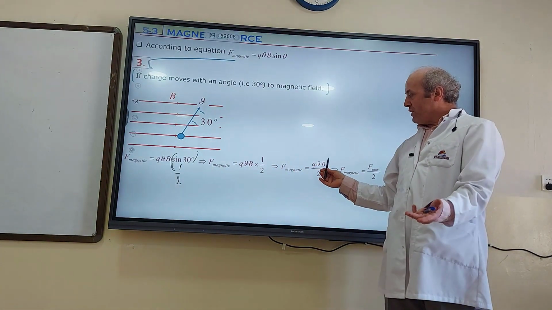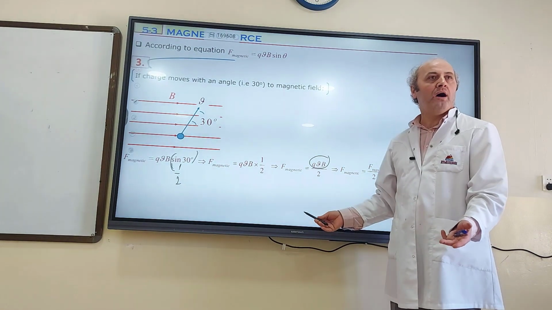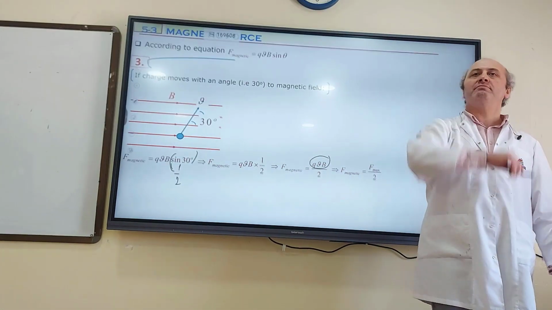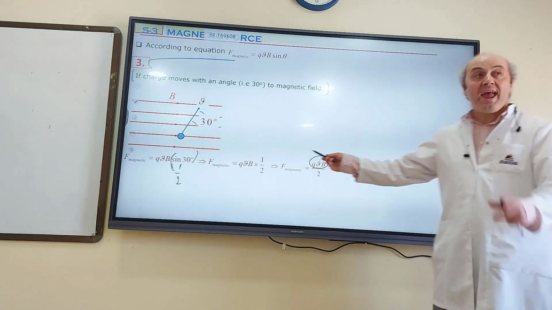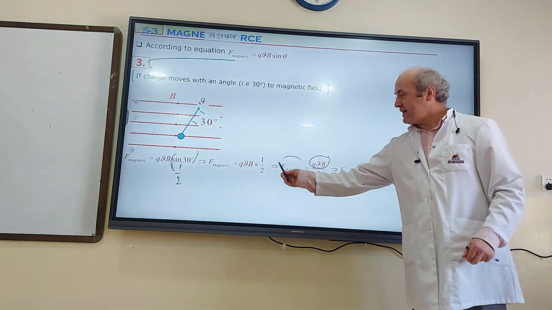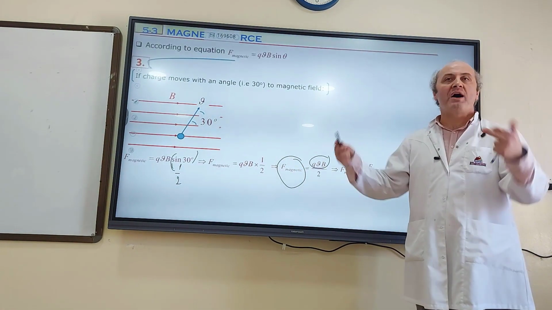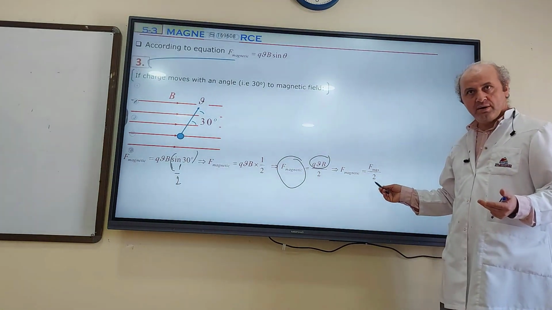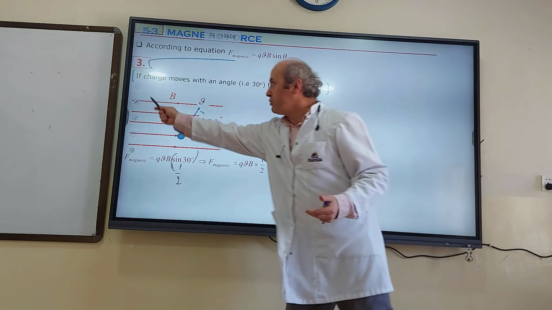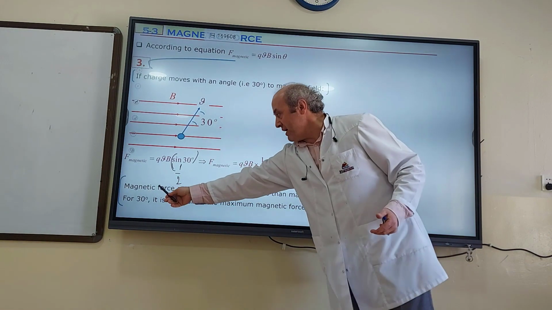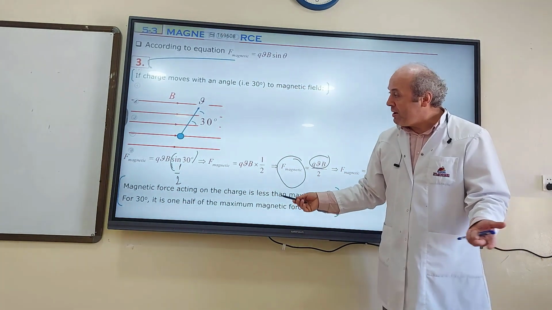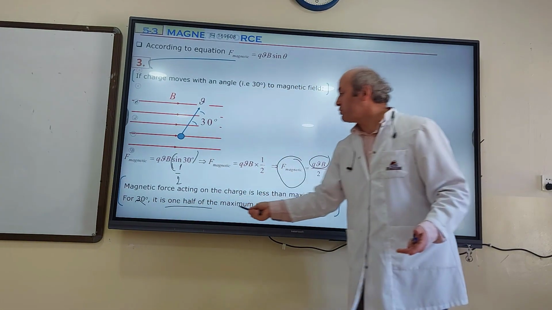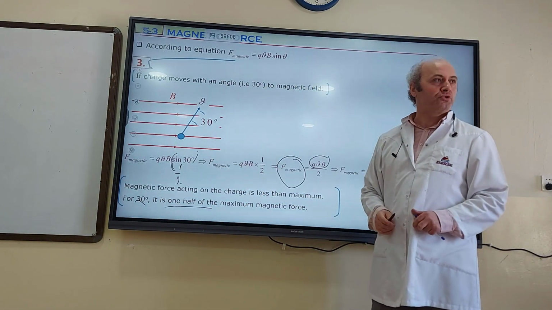You are going to divide Q V B by 2. Now, what is Q V B? The maximum magnetic force. So if the angle is 30 degrees, the force acting on the particle is half of the maximum force. This is also a mystery question. If the magnetic force acting on a charge is less than maximum, greater than 0, for 30 degrees it is 1/2 of the maximum magnetic force.